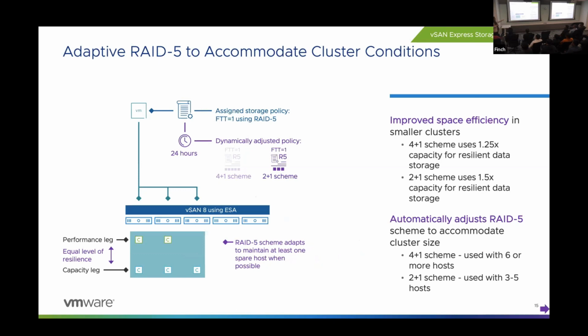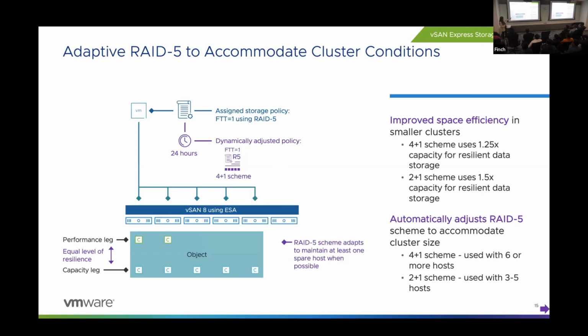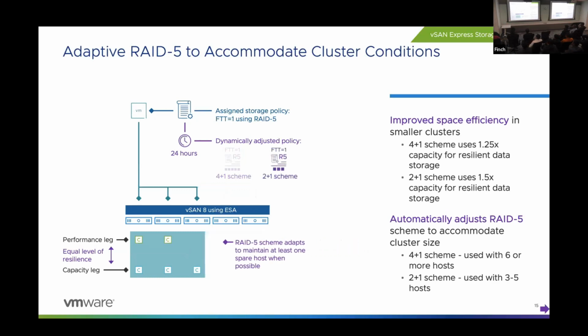Now, for example, in the 4+1 scheme, you have 6 hosts, which is the minimum required, and one or 2 of the hosts go down. Now what happens is you have a fault domain at that point. But in this vSAN 8, there's this new concept where it automatically adjusts the policy to another scheme after checking the number of hosts in a cluster.